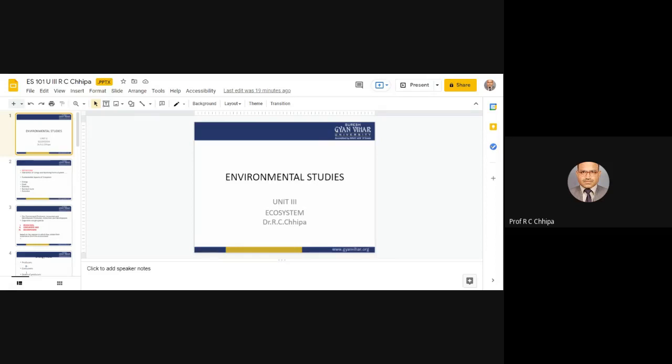Now one more classification of the environment, based on life: one component is the living component of the environment, where lives are there, a number of plants and animals.